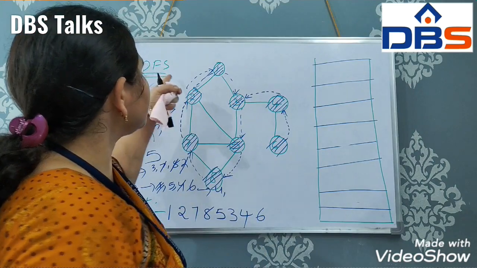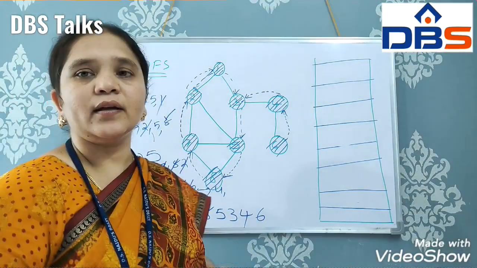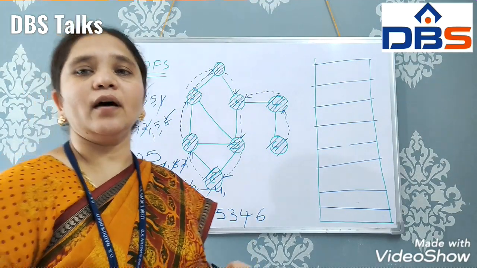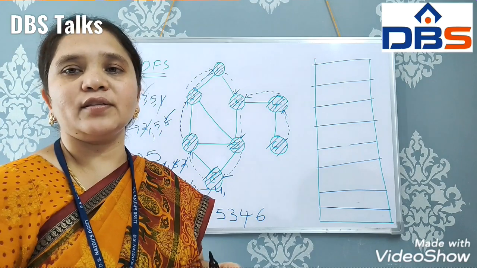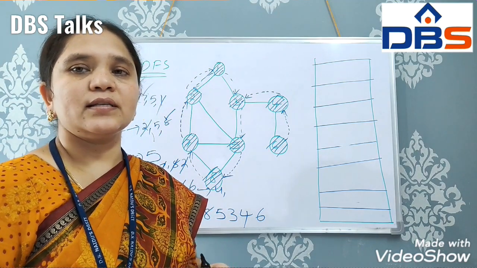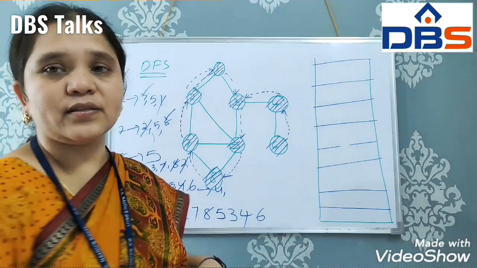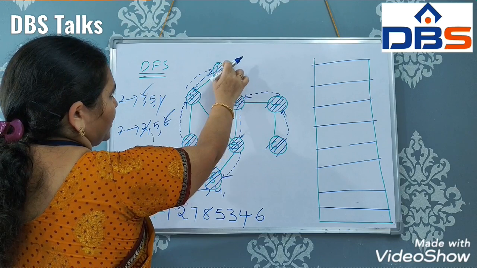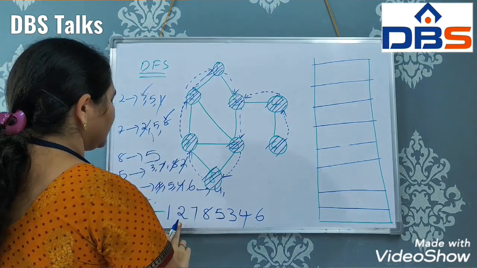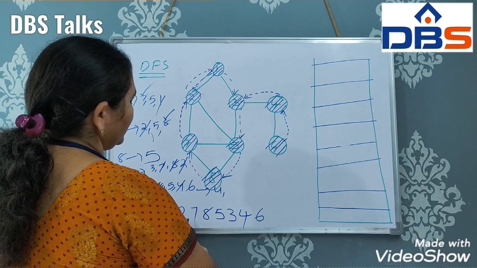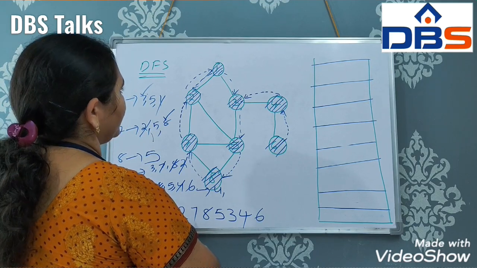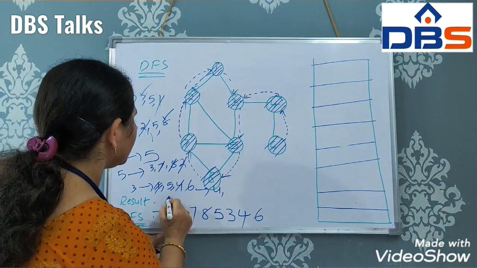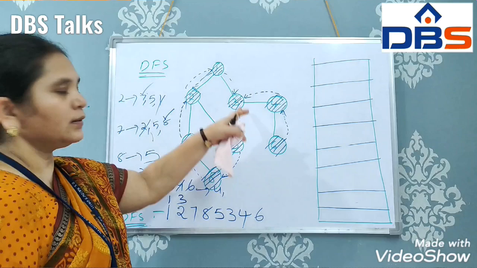But depth first search is not only one particular way. We need to perform it in n number of ways, as well as BFS also. For example, my starting vertex is 1, and I consider only one adjacent vertex, that is 2. But rather than 2 I could consider 3.